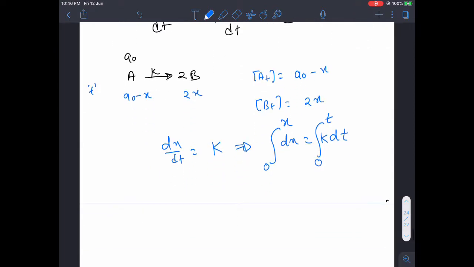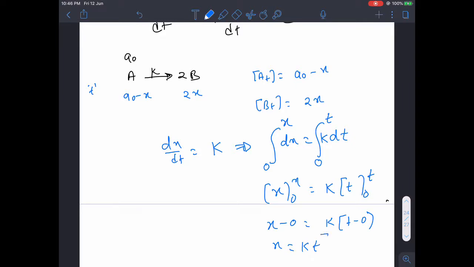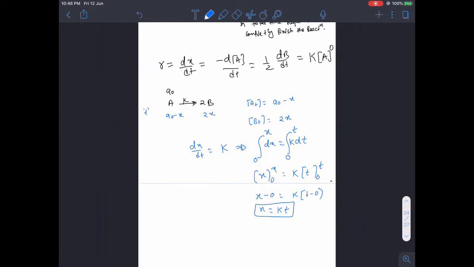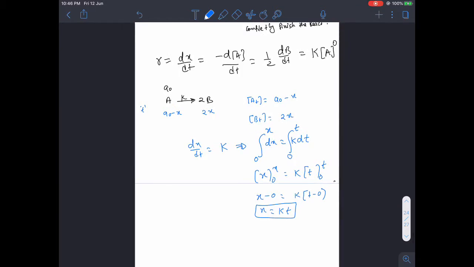Now, you integrate it. dx will become x from 0 to x is equal to K, which is a constant and will come out, t from 0 to t. So, this will be basically x minus 0 is equal to K into t minus 0. So, what we got? x is equal to Kt. The majority of the question is over. Why?